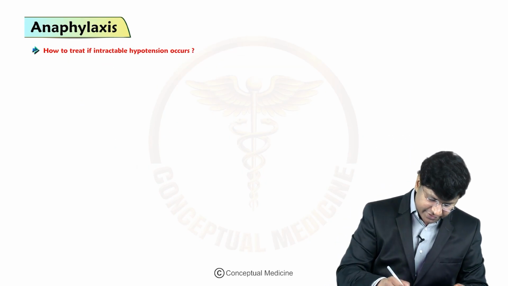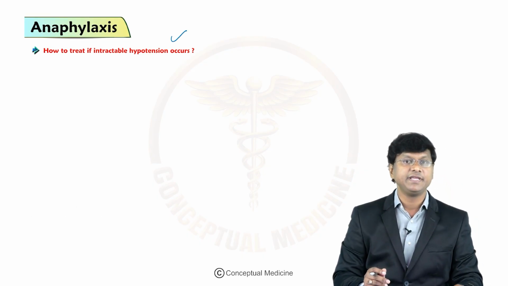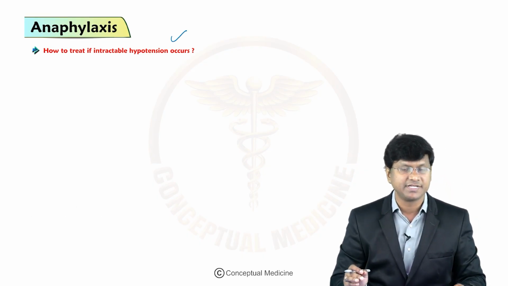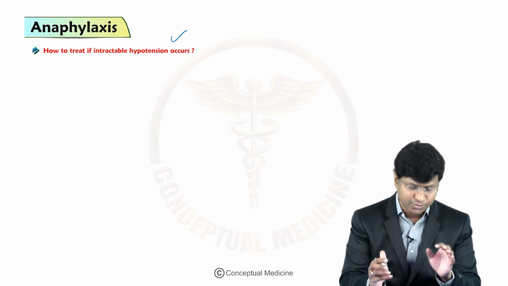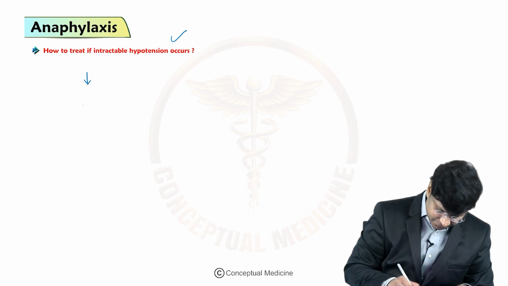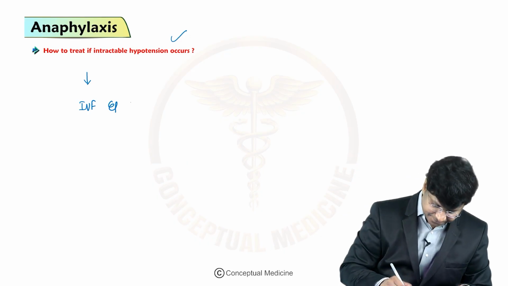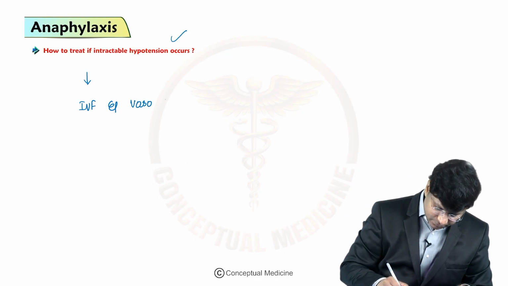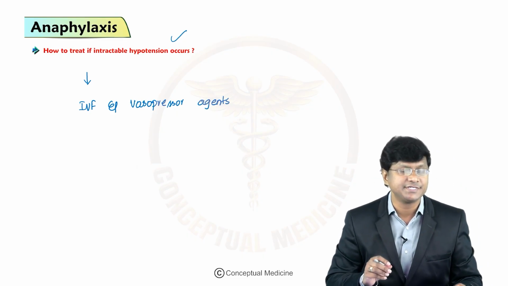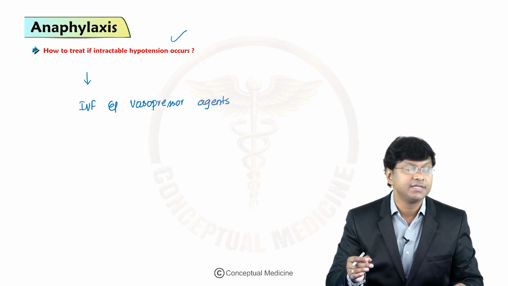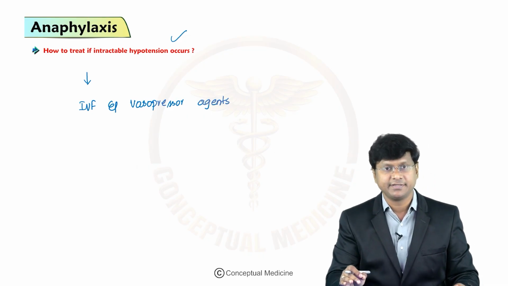And the next important question is how to treat if intractable hypotension occurs. That means if it is irresistible hypotension, then you need to give IV fluids and vasopressor agents in the acute medical setting.